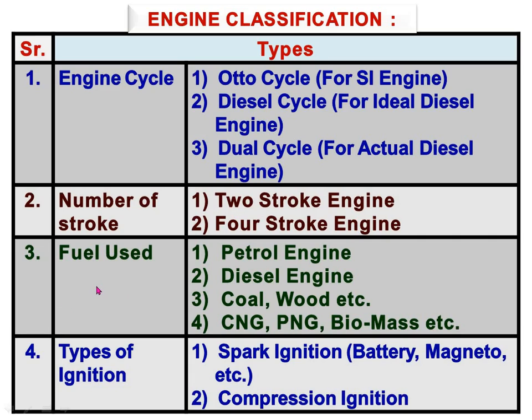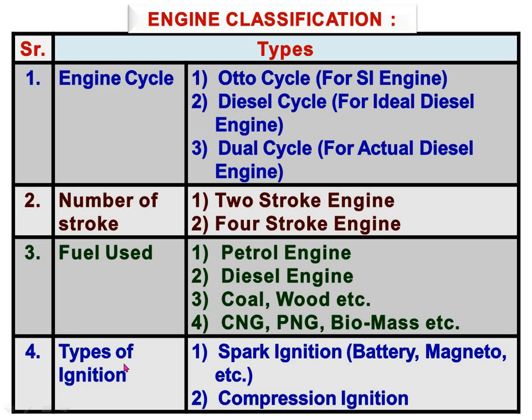Then third, which type of fuel is used as the combustible material, or working fluid. The engine may be classified as petrol engine, diesel engine, coal or wood engine, or CNG, PNG, biomass, etc., types of gases.